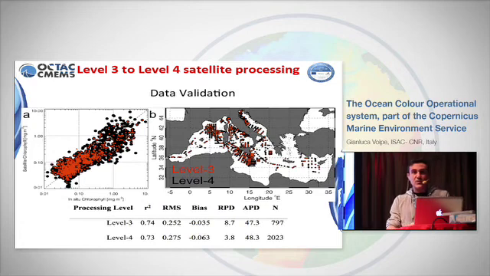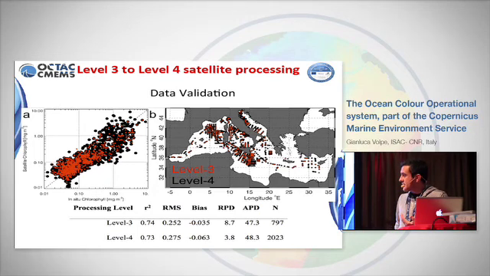Now we want to see whether the method is reliable in terms of accuracy. This plot shows both the level 3 in red and the level 4 in black versus the in situ observations.